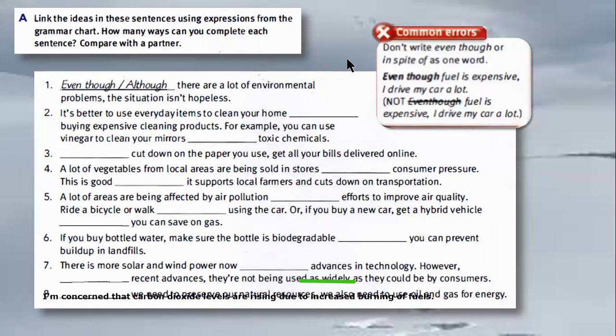Be aware that you can use different expressions for one statement. Look at the example. Even though there are a lot of environmental problems, the situation isn't hopeless. Or, although there are a lot of environmental problems, the situation isn't hopeless. So we can have different expressions for one sentence or clause.